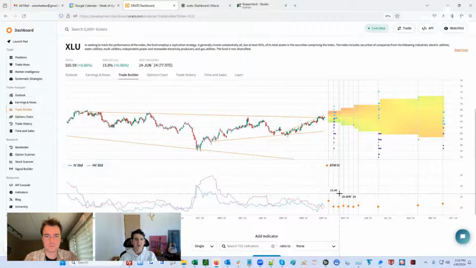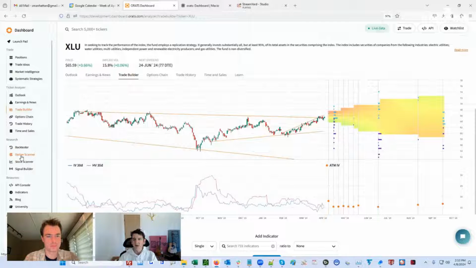Hopefully that makes sense. So what we're trying to do is sell something close to the money, buying skew by buying something out on the wings, and we expect the wings to go up. Hopefully that makes sense.